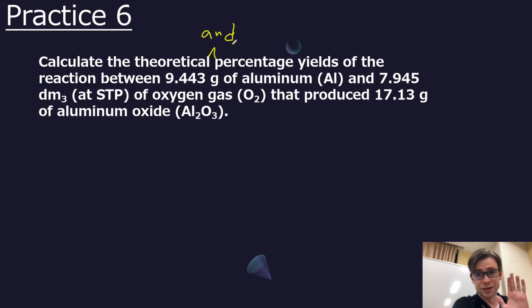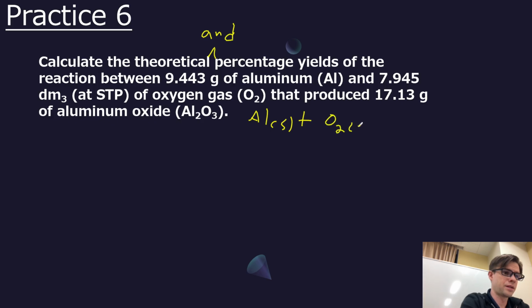So first thing, balanced chemical equation. We know what the starting materials and products should be. So we'll have aluminum solid reacting with oxygen gas, going to aluminum oxide Al2O3, solid.